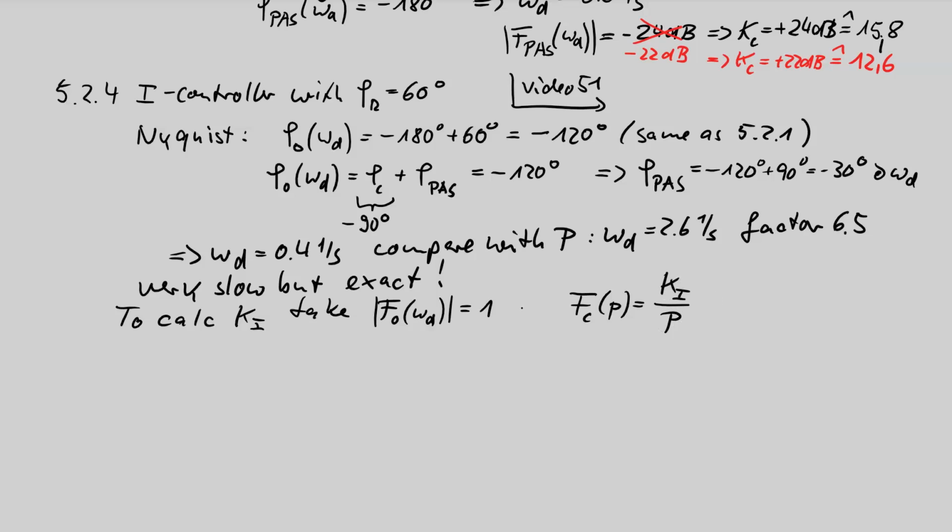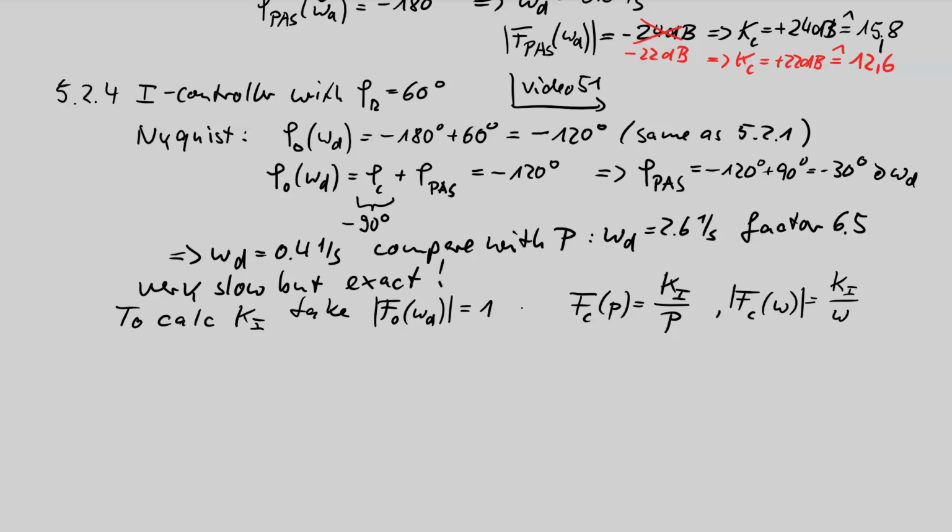The magnitude of the controller is very simple. P replaced with j omega, and the magnitude of this is just Ki divided by omega.